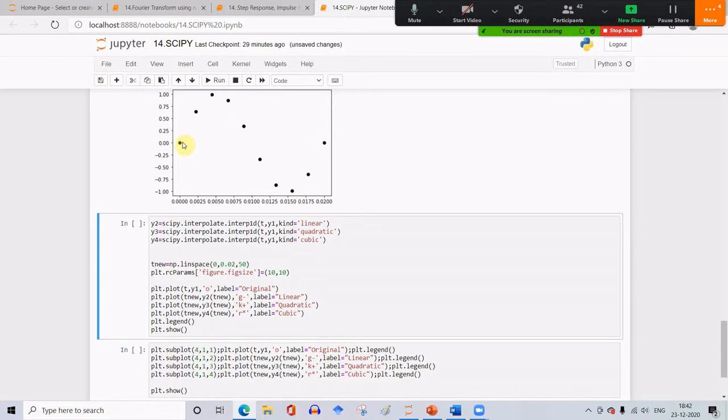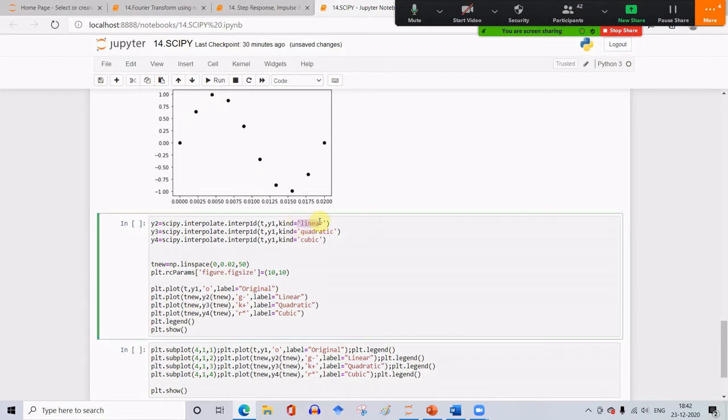One is linear interpolation. So between two adjacent points, get the in-between points by the method of interpolation, and then get as exact a variation as possible between the two adjacent points. We can do it with many methods.